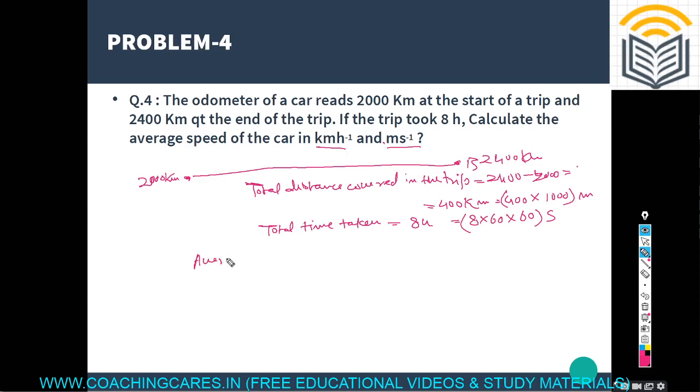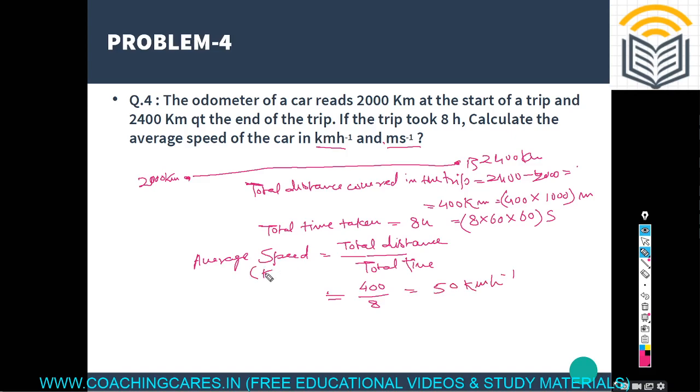Now average speed is equal to total distance divided by total time, that is 400 kilometers and 8 hours, which is equal to 50 kilometer per hour. So this is the average speed in kilometer per hour.